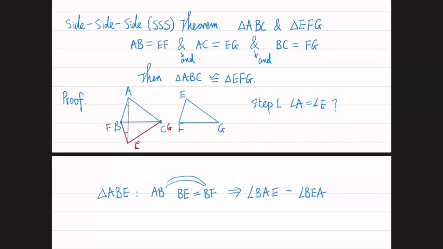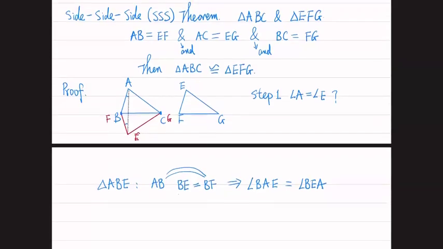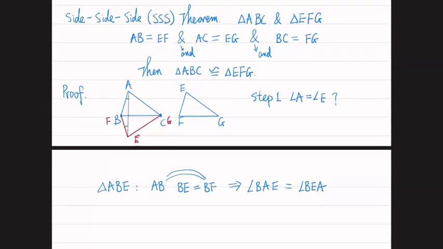This pair must have the same measures. Similarly, we consider the other one, ACE. We want to conclude that these two angles are also the same: CAE, CEA.